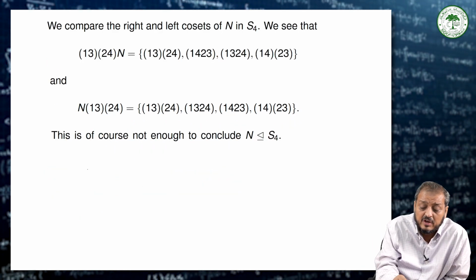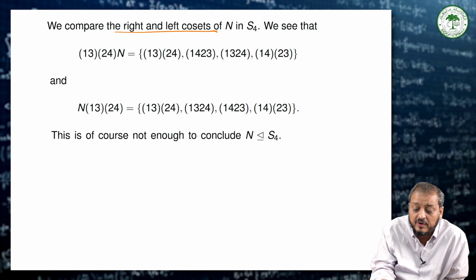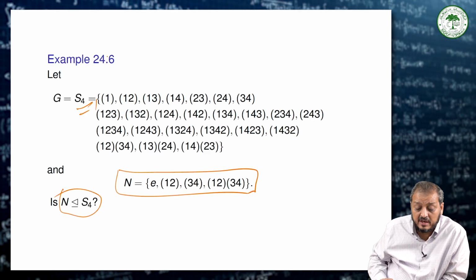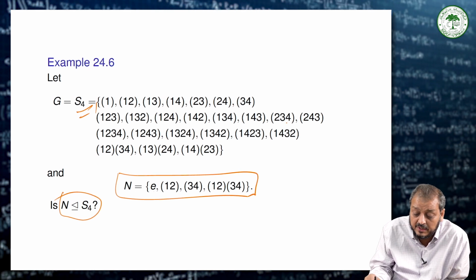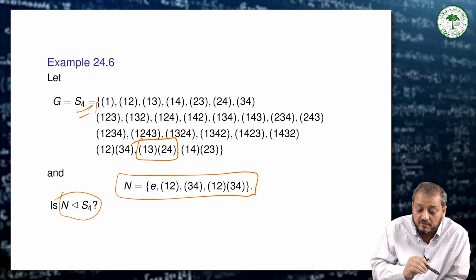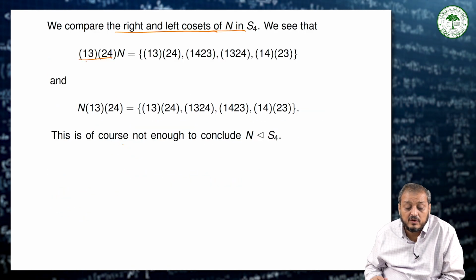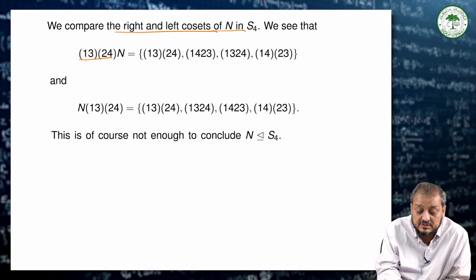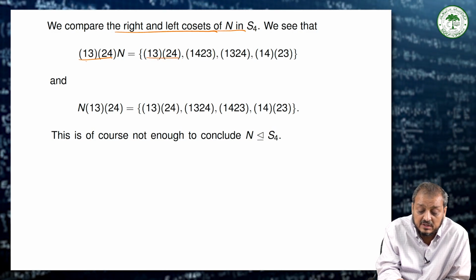So we compare the right and left cosets of N in S4. Say we take (1 3)(2 4), clearly we have (1 3) and (2 4). I take this element from here, and then we try (1 3)(2 4)N, which is equal to, in the identity case, itself.